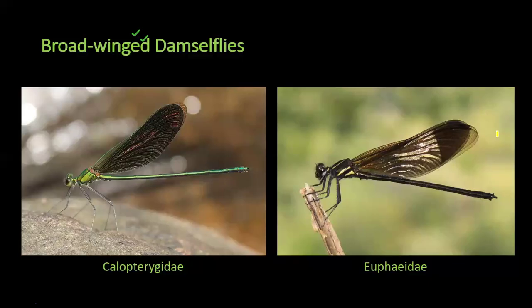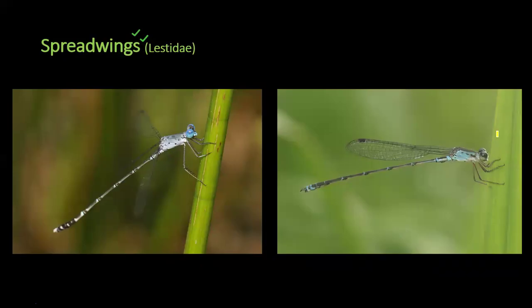Another main group that has a worldwide distribution is the family Lestidae, or the spreadwings. As explained by its name, it has a distinctive resting position.